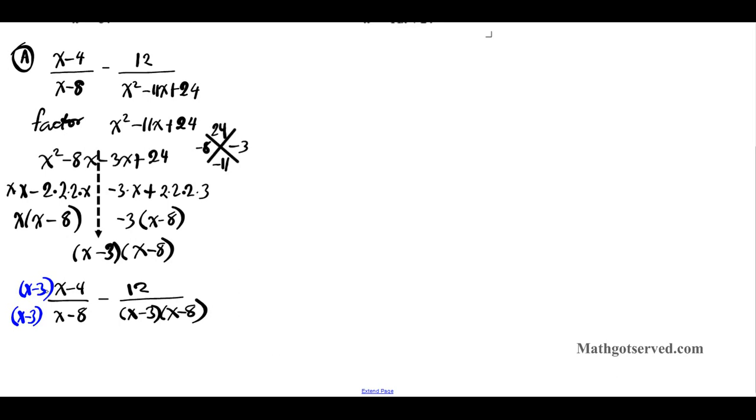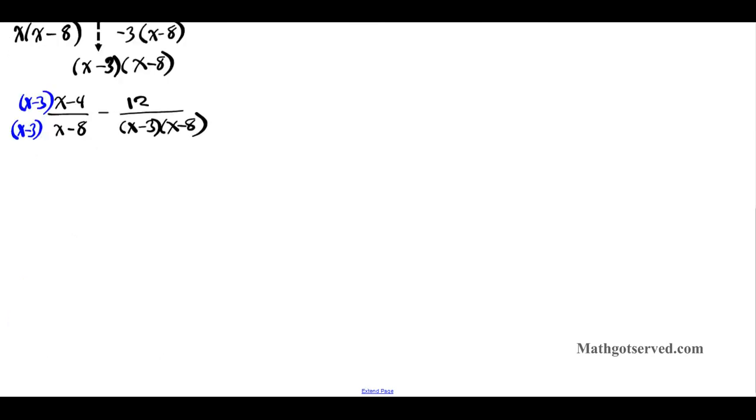And then we can combine the two fractions. In this first term here, we're going to FOIL it out. So we will have x squared minus 4x minus 3x plus 12 minus this 12, over the denominator, which is x minus 3 times x minus 8.